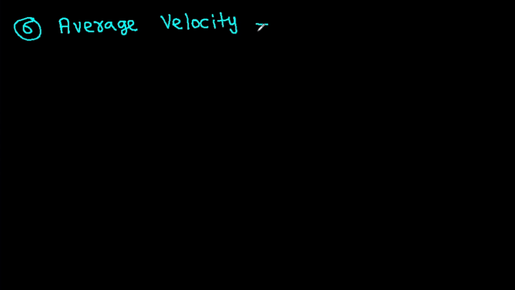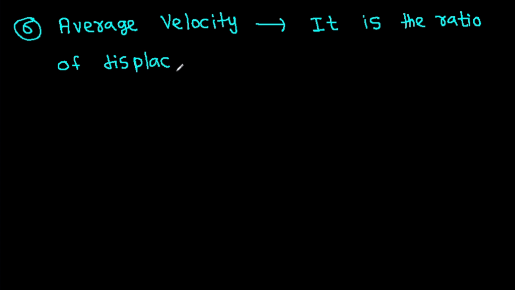And number 6, average velocity. It is the ratio of displacement to the time taken.